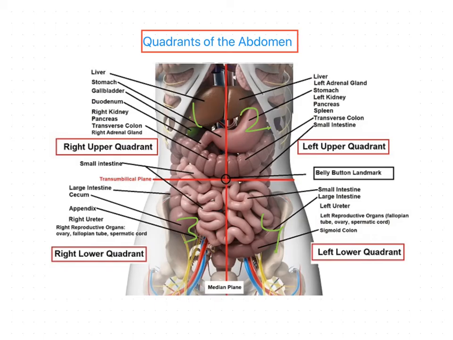The upper quadrants are the right upper quadrant and left upper quadrant, and the lower ones are the right lower quadrant and left lower quadrant.